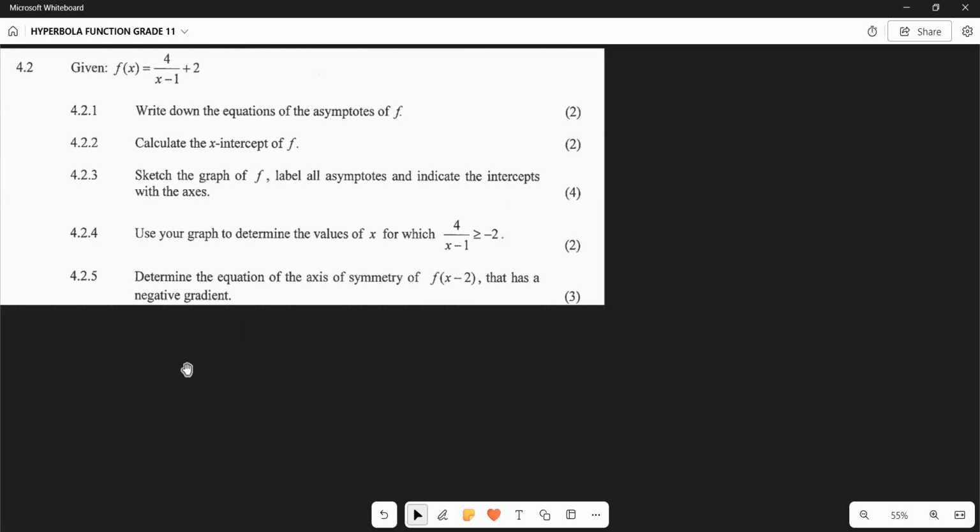So this was adopted from one of the past papers from the DBE website, 2023 May-June paper. Although it is examinable in grade 12, so it's grade 11 work that is examinable in grade 12.